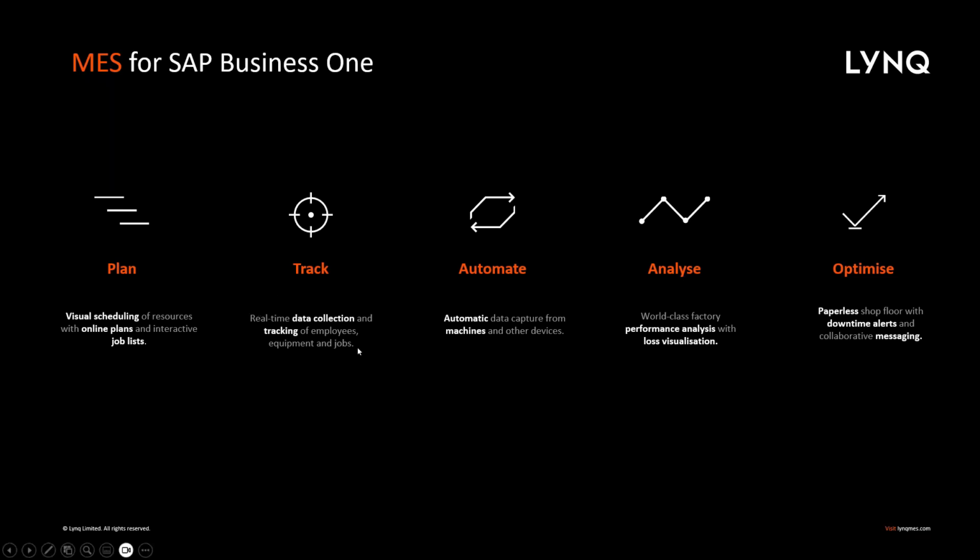So when you come up to a terminal, you will see exactly what's been scheduled to your work centre, so you can clock in, report production, issue materials, capture labour time, machine time, scrap quantities, scrap reasons, etc. from these highly configurable terminals on the shop floor. And again, through the certified integration, we're actually writing that data back into Business One.